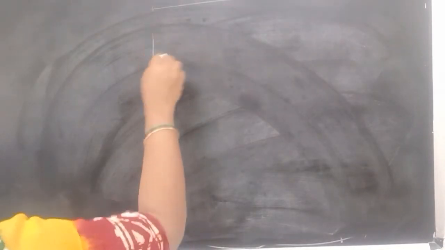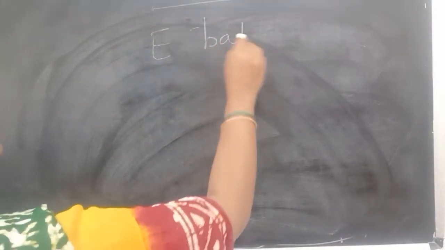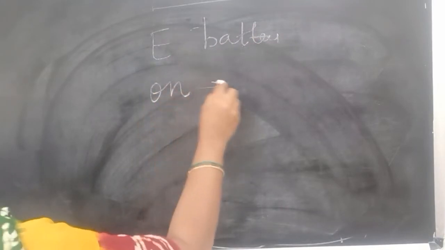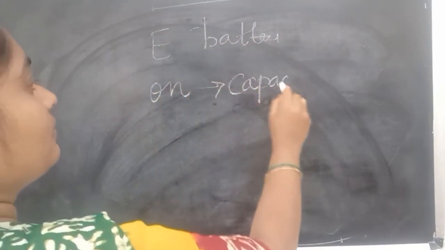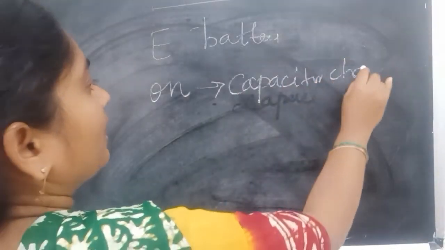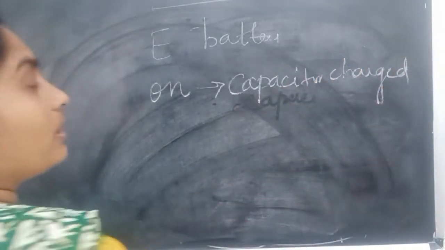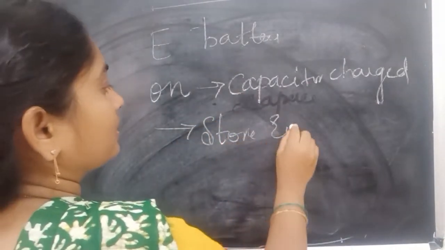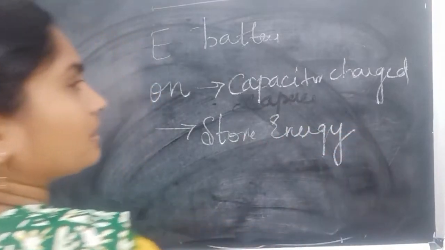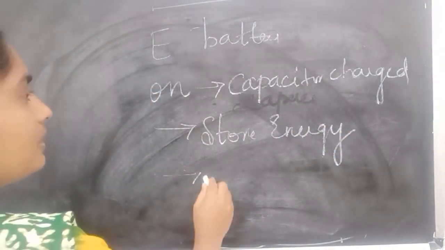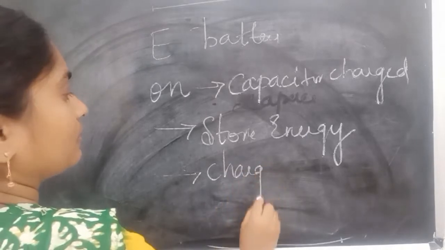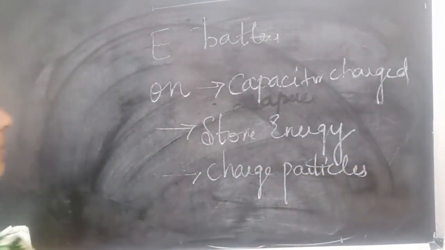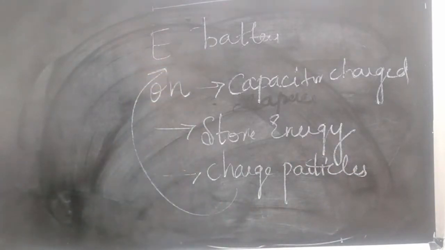What is E? E is battery. When the battery is on, what happens? The capacitor gets charged up. And what will it store? It will store energy. That energy, how is it stored? By charge particles, because this is a cyclic chain.